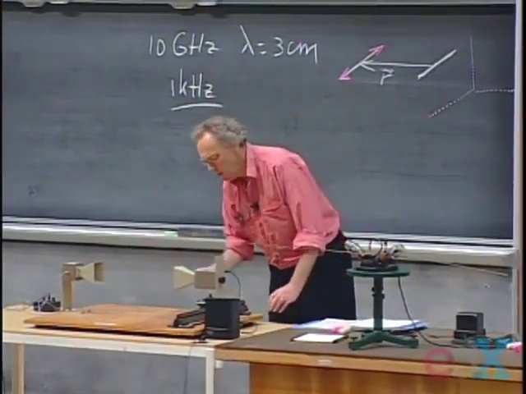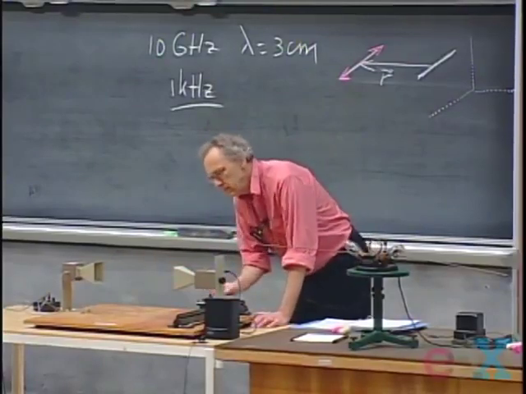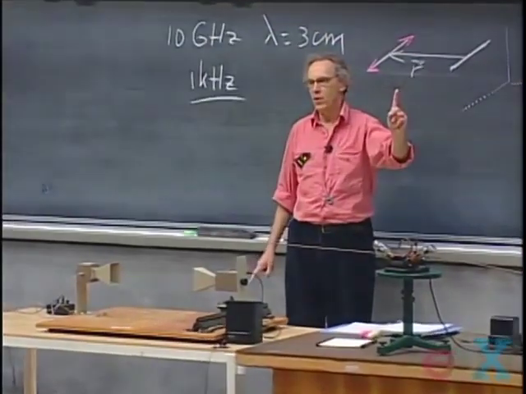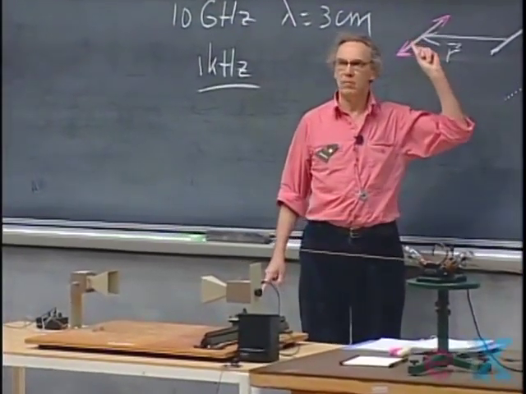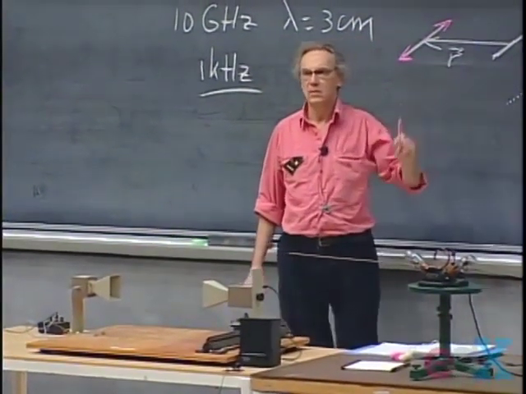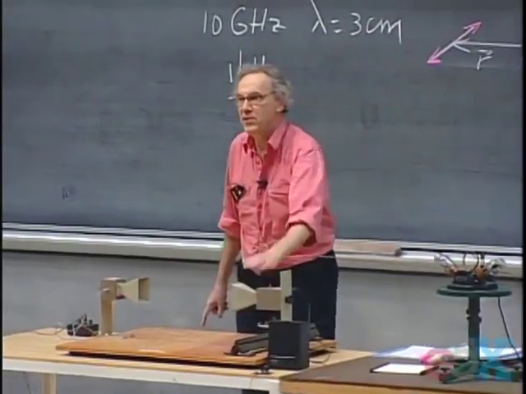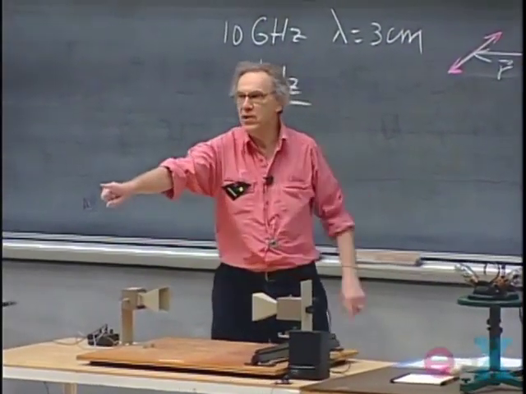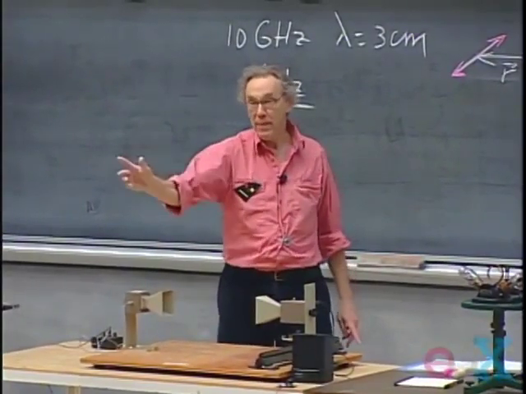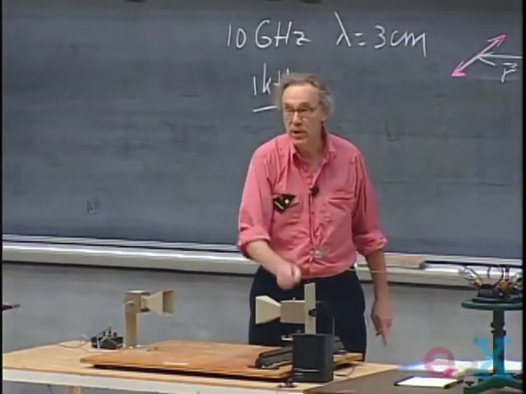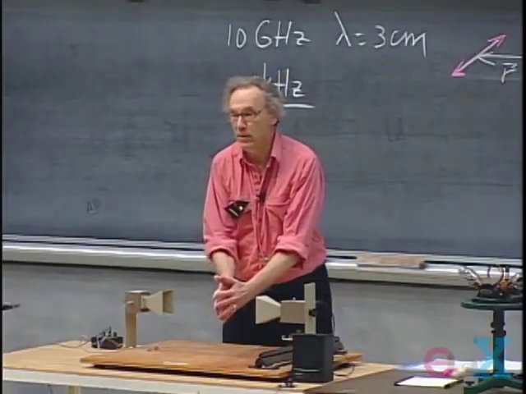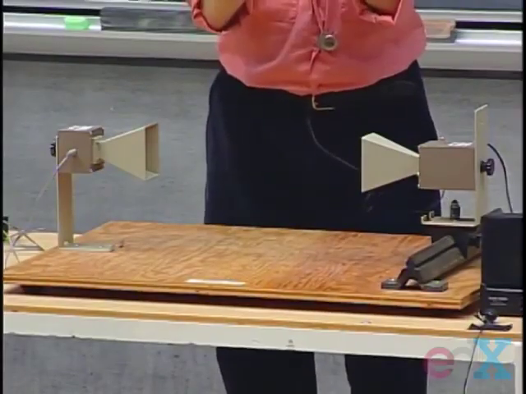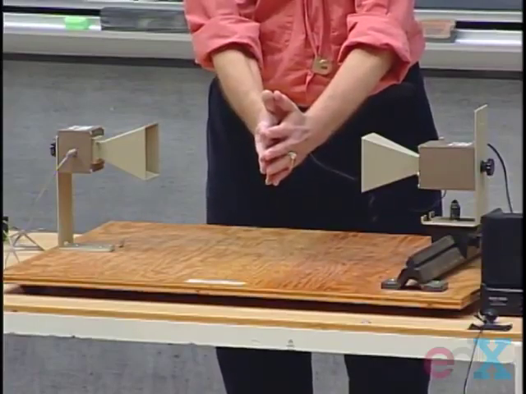So I'll just turn on the transmitter, and here you hear 1 kilohertz, which is the modulated signal, and it's received by this antenna, which is a straight wire like this, and this is the emitter. And to demonstrate to you that it really goes from here to here, I put my hands in between, my hands absorb 3 centimeters. It's not there anymore. There it is, it's not there anymore.